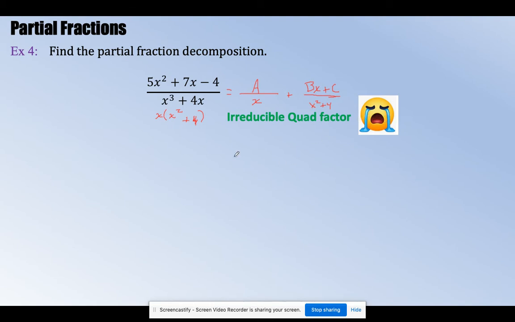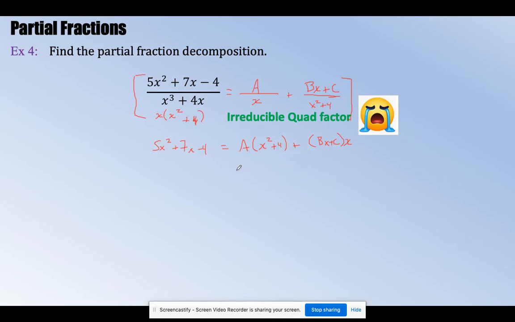So what am I going to do here? Well, I'm going to do the same thing that I did before, where I multiply through by my common denominator. So what happens here?